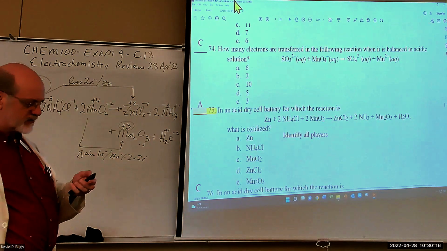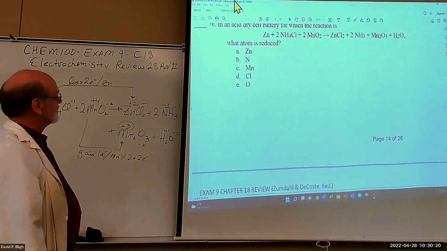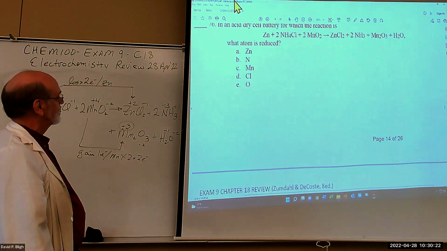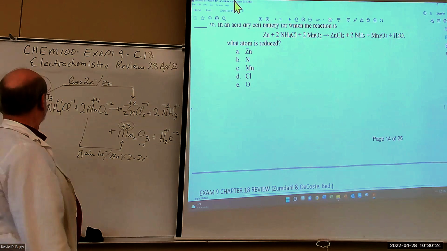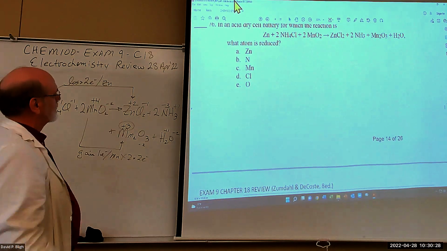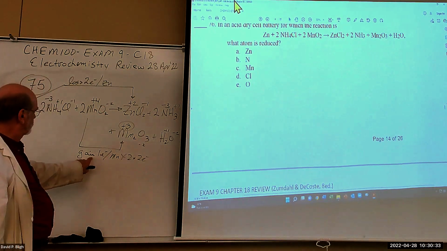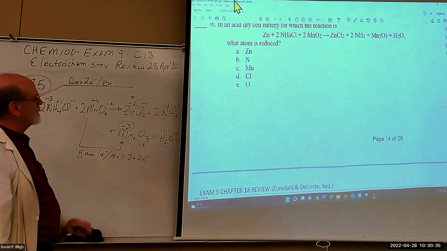Just as a point of information. Okay. Which one is reduced? We got that already. Manganese is being reduced.